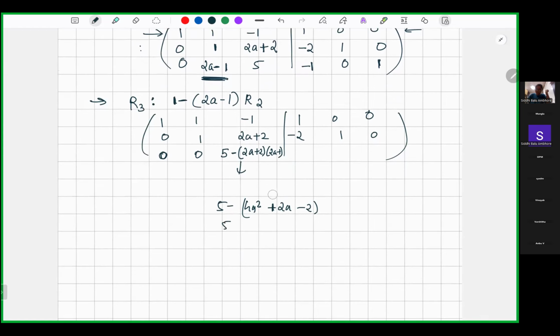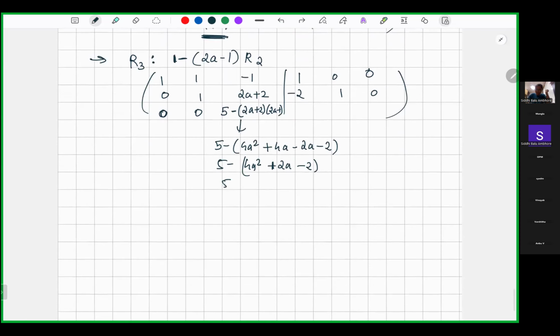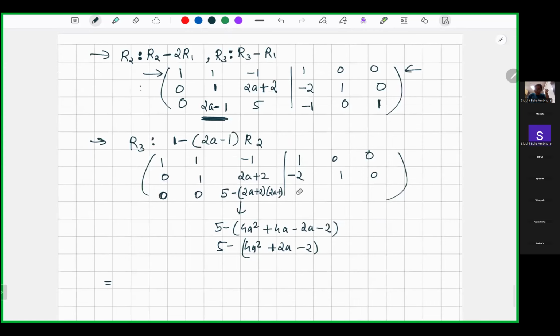And here it is minus 1 minus 2 into 2a minus 1.